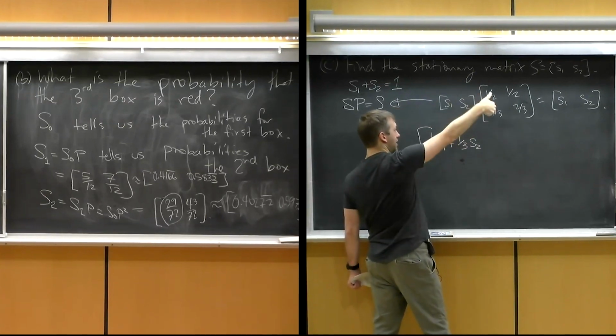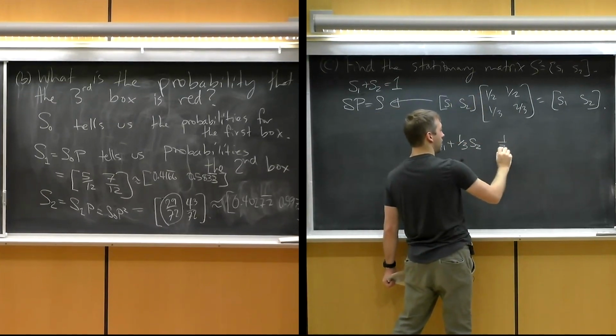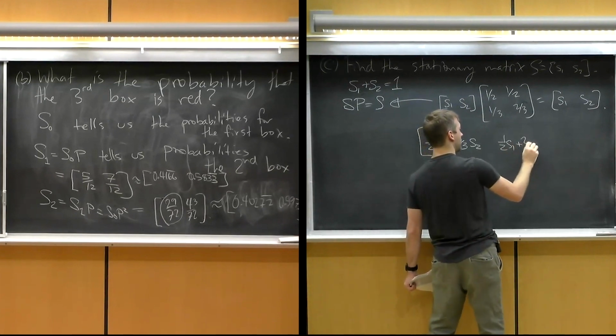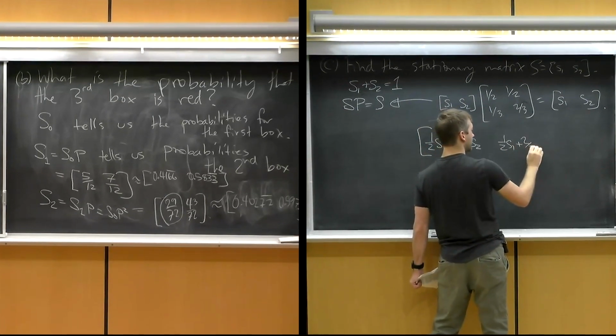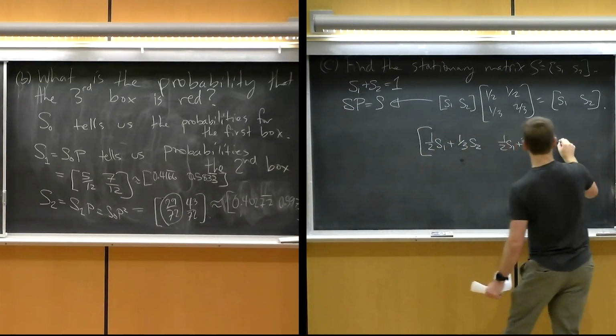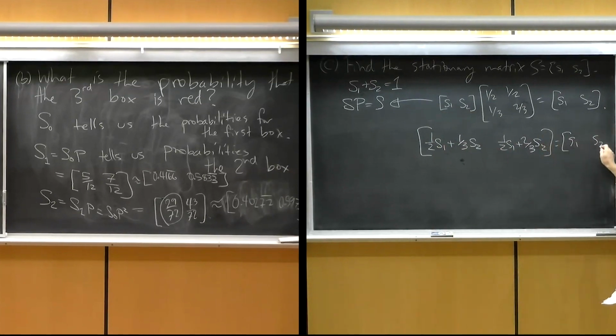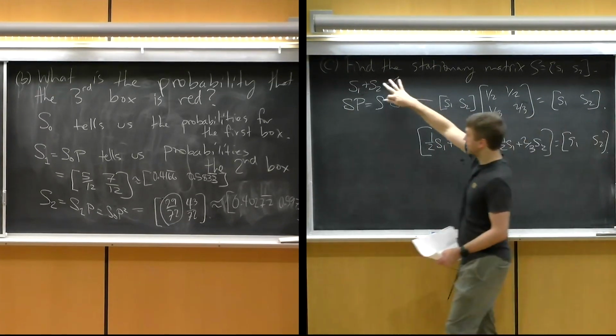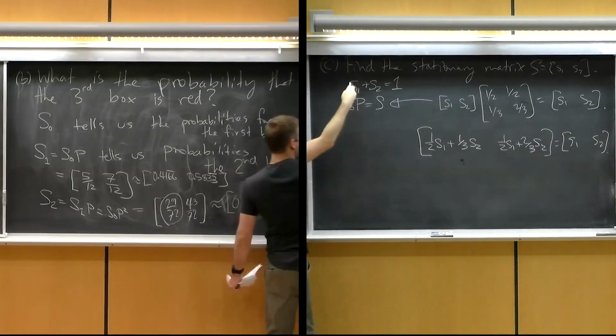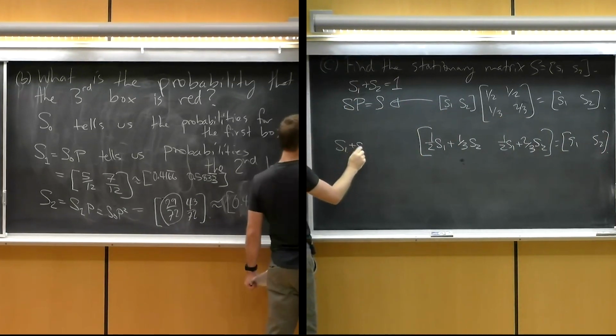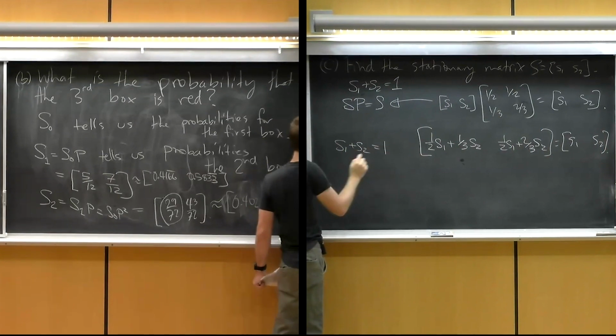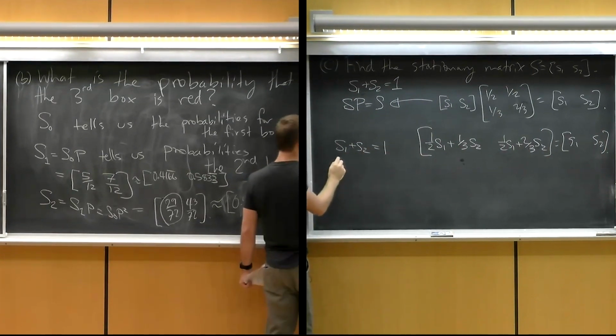So I'm just doing the matrix multiplication: 1/2 S1 plus 2/3 S2. And I want that to equal S1, S2. Right? So then these two equations can become a system of 3 equations involving these variables.